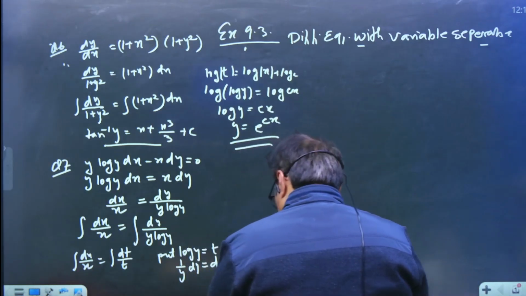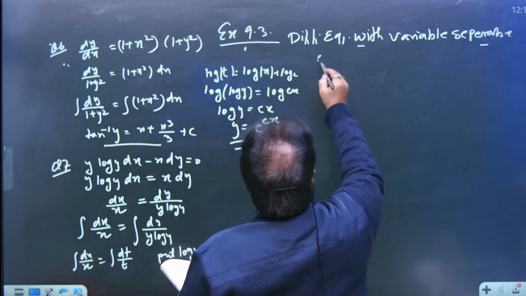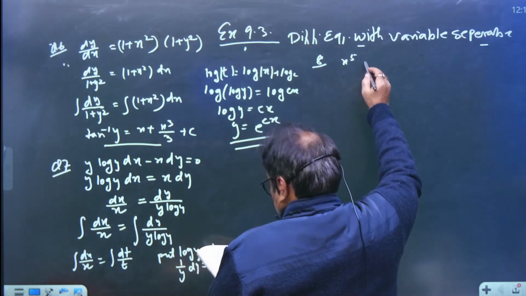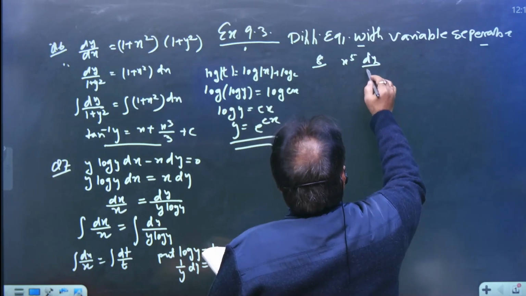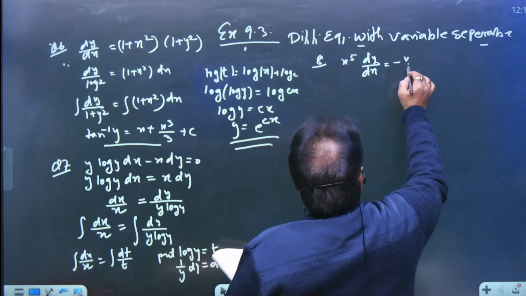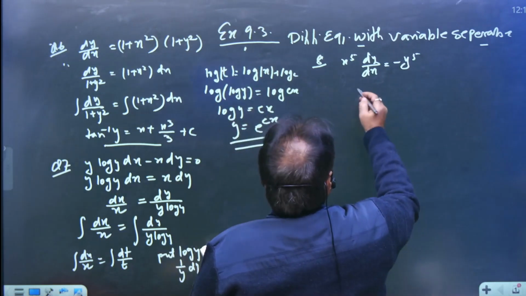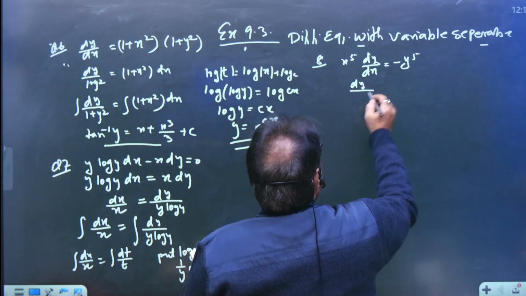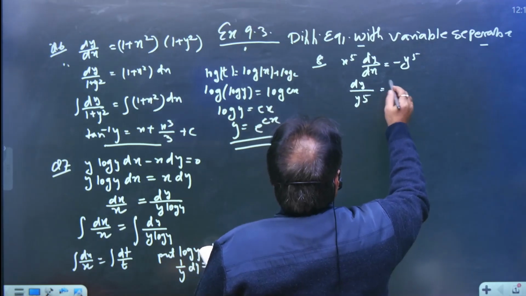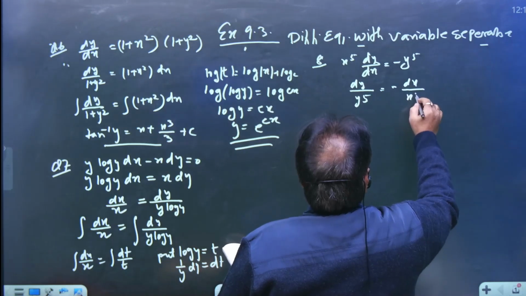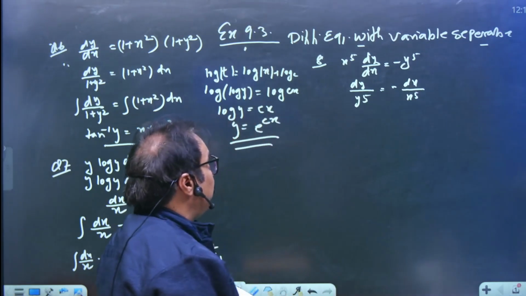Question number 8. And 8th question is x raised to the power 5 dy upon dx is equals to minus y to the power 5. So this can be written as dy upon y to the power 5 is equals to minus dx upon x to the power 5. Now variable is separated.